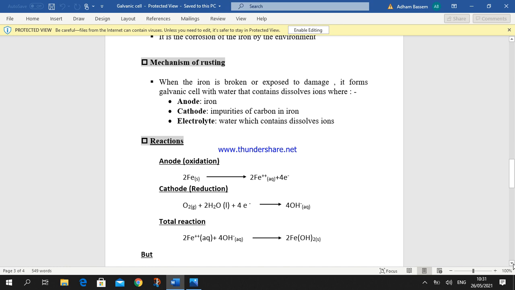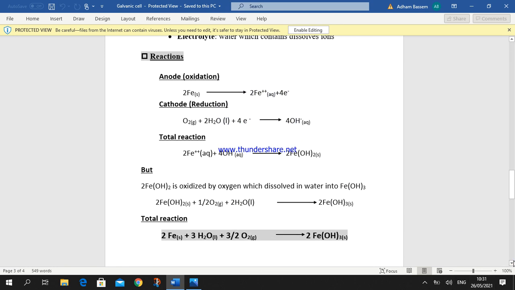The positive ion and the negative ion are attracted together by electrostatic attraction and form iron hydroxide, Fe(OH)2. After that, the ferrous hydroxide completes its oxidation by reacting with oxygen dissolved in water and changes into ferric hydroxide.